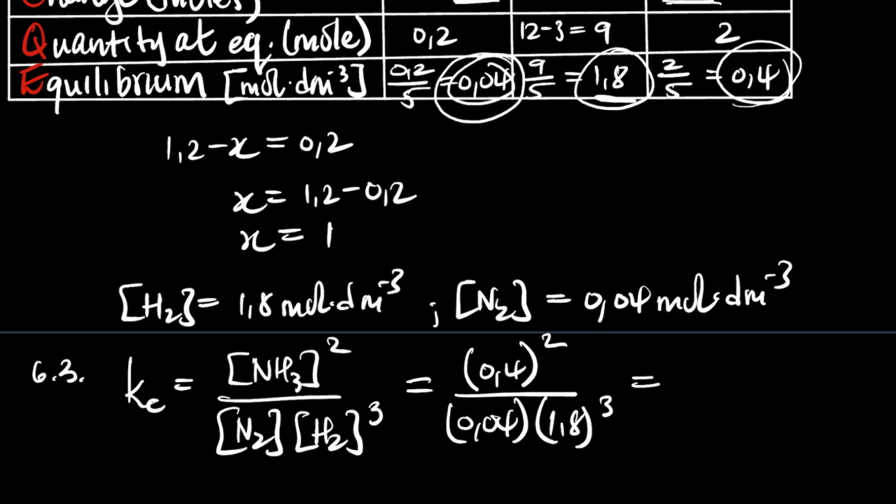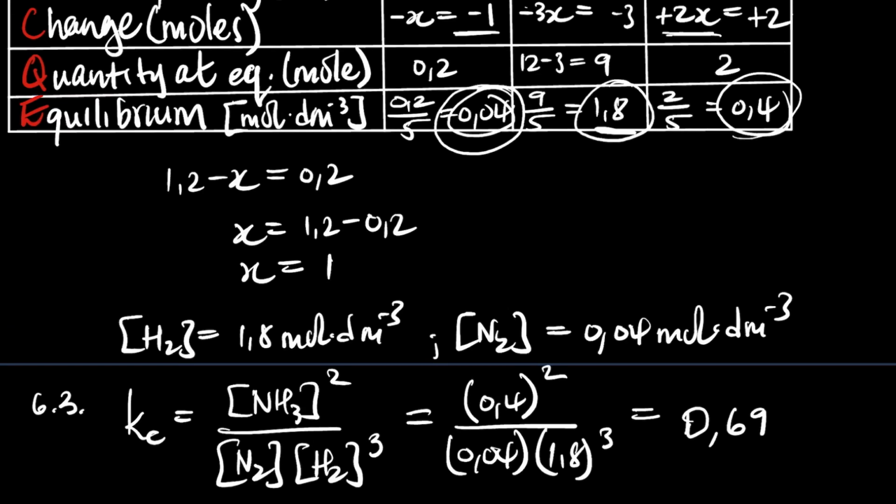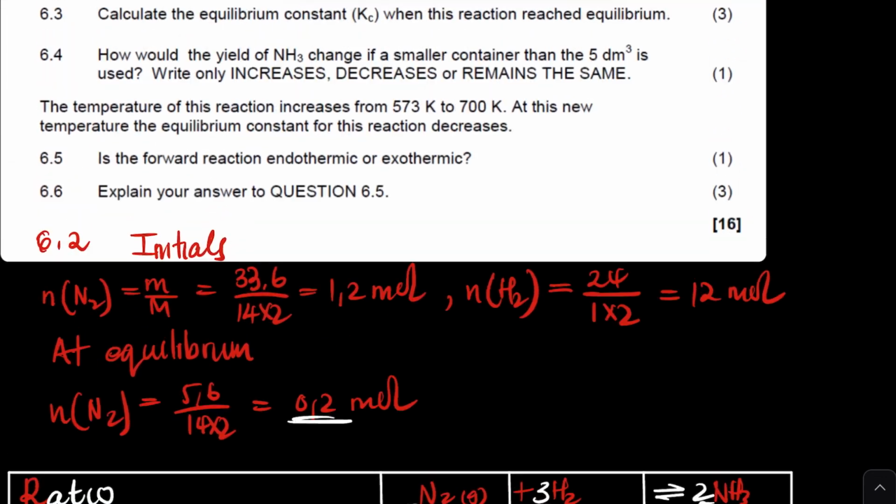When you punch that in the calculator, it will give us the Kc value, which is 0.69. I hope that makes sense.